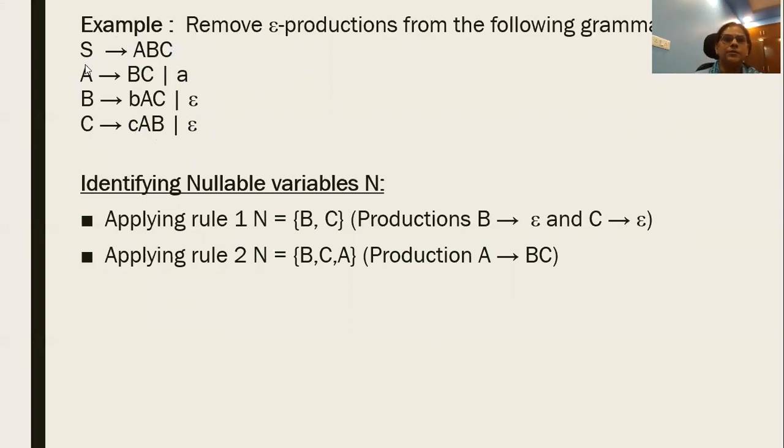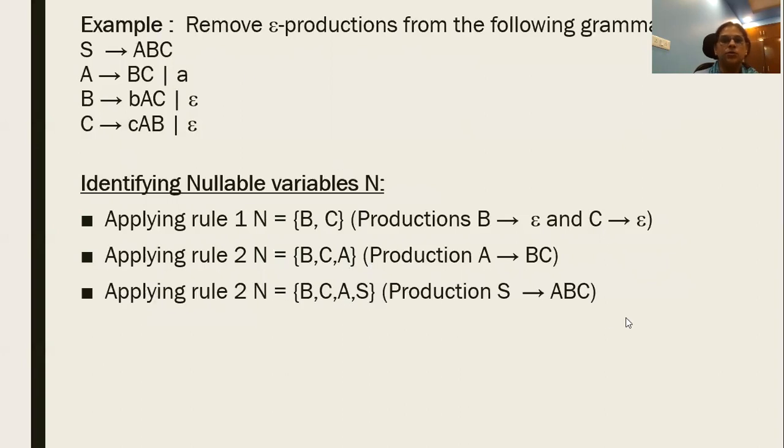So now we look at this production again, S derives ABC. This time, A, B and C all are nullable. Hence, S is also nullable. Now, what has happened? We have added all the symbols here. We need to continue this process till we are not adding any more symbols to the set.